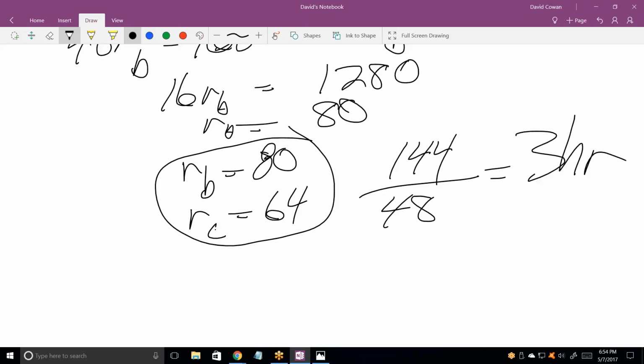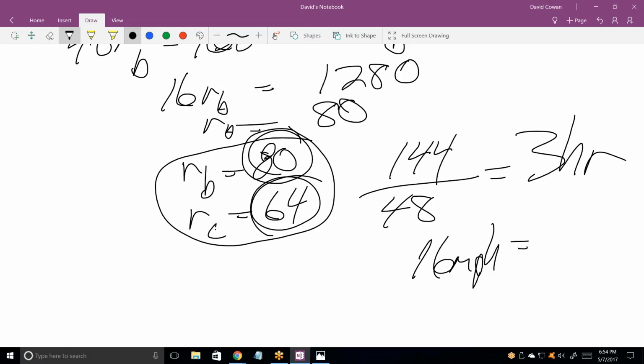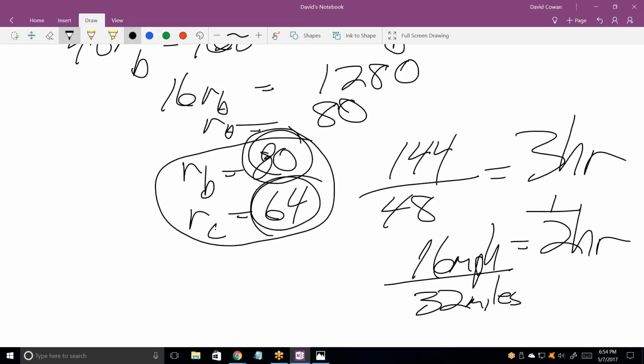Now let's say it's coming back upstream. Now the rate of the boat is still 80 minus the speed of the current. That's 16 miles per hour net. Well, we still have to go the same distance, 32 miles. That would take 2 hours. Actually, 1/2 hour. So, I know our answer isn't correct.